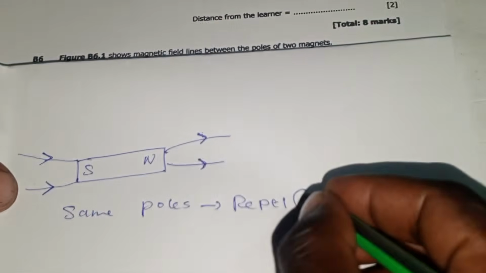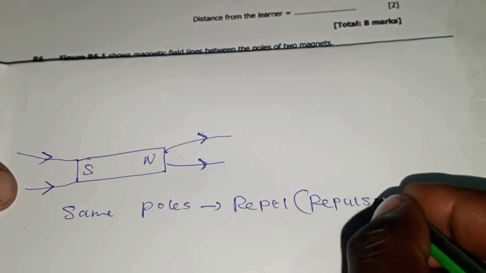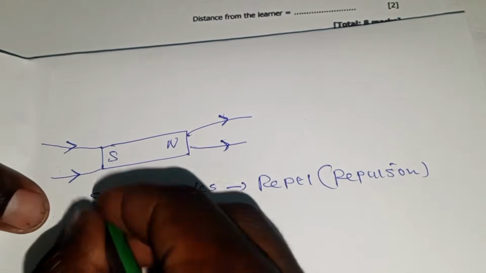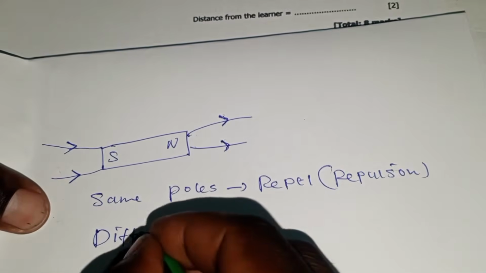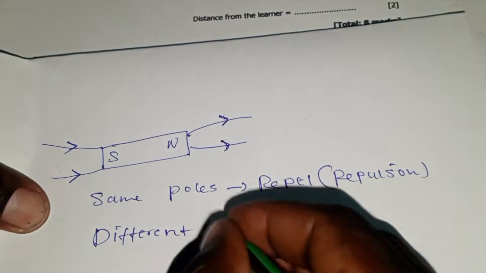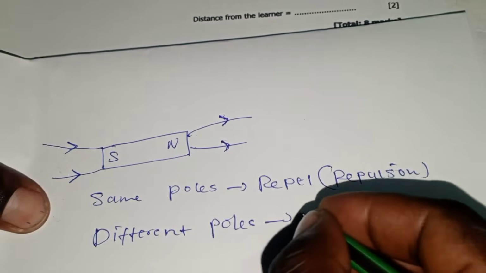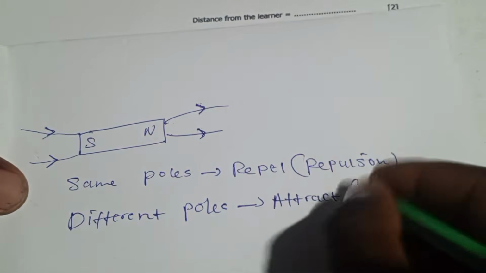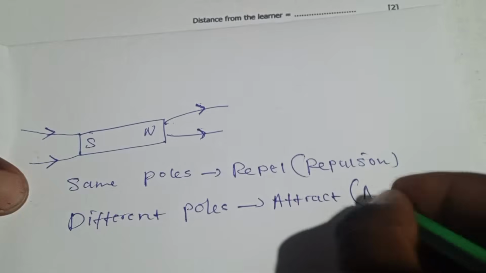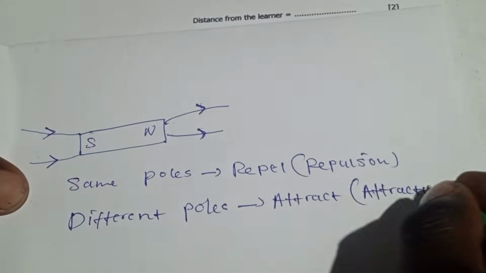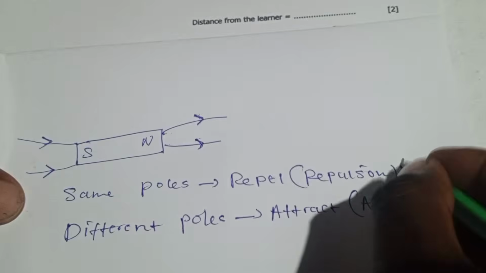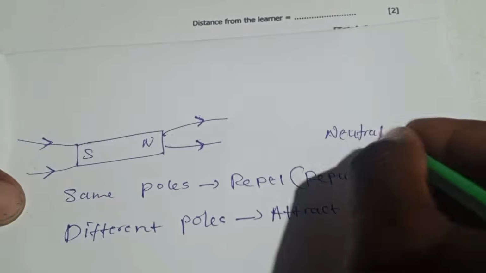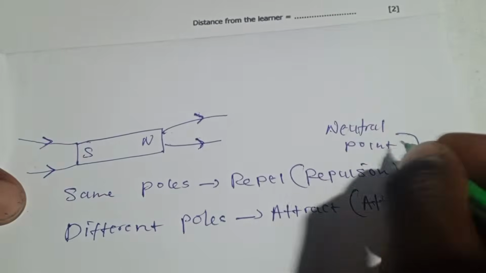Repulsion takes place whenever you have magnets of the same poles. Then different poles attract, which is also known as attraction. And in a repulsion, that's where we have a neutral point. A neutral point is always formed in repulsion.